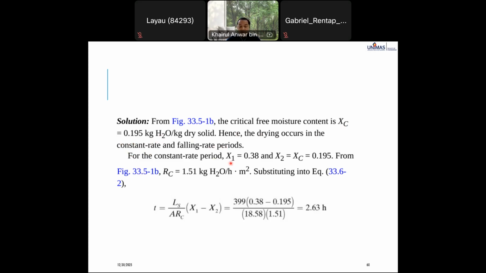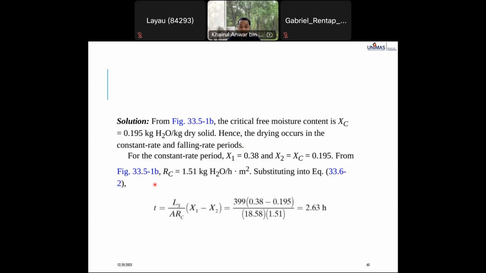For the constant rate period, X1 is 0.38 and X2 is Xc equal to 0.195 from the figure. So from 0.38 to Xc, the period is still the constant rate drying period.